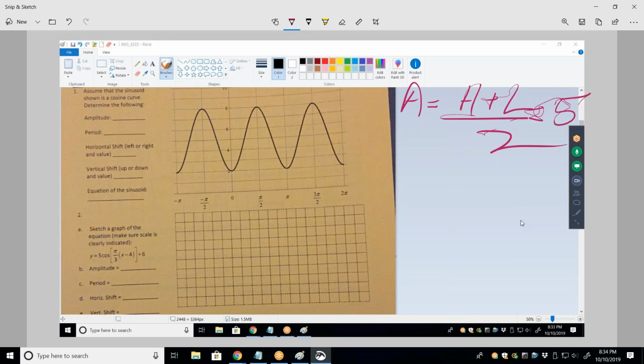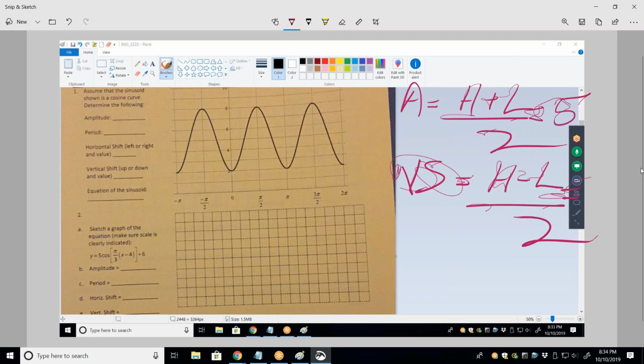Now, the other thing that's very simple is the vertical shift is the high minus the low divided by 2. So what is that? Okay. Those two things are huge, and they're very, very simple. Just got to keep them straight. The amplitude is the high plus the low divided by 2. The vertical shift is the high minus the low divided by 2.